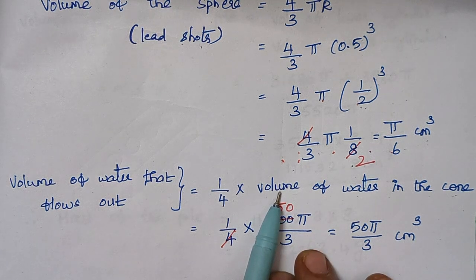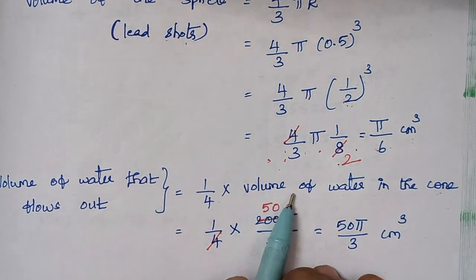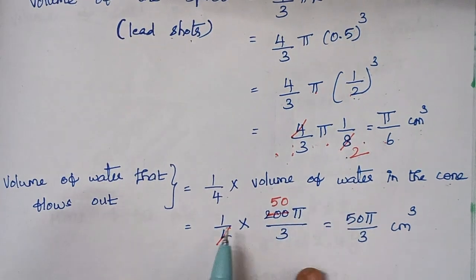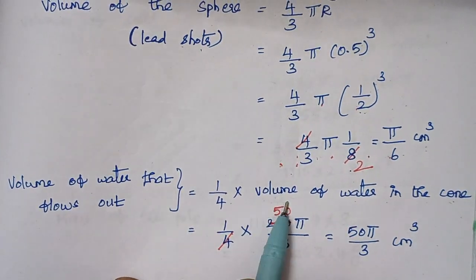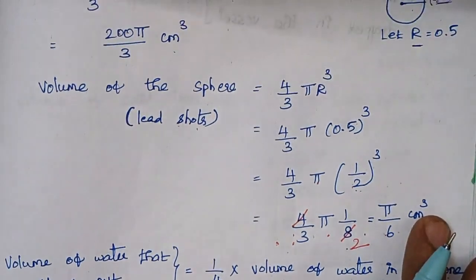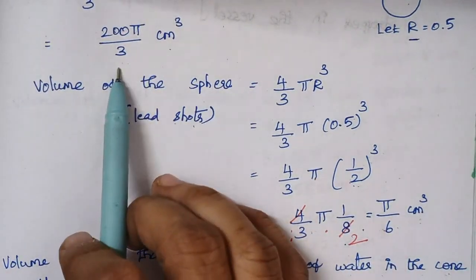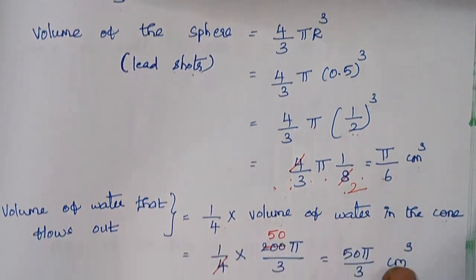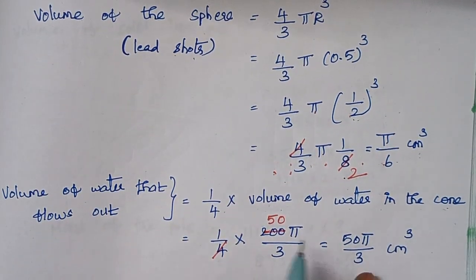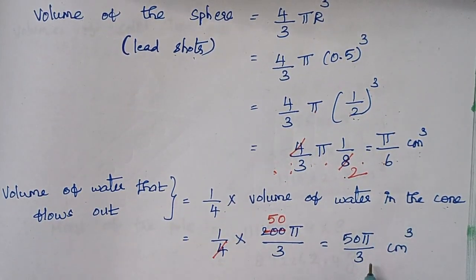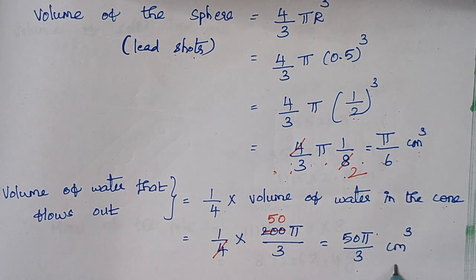So, what is the water that flows out? 1/4 of its volume. So, 1/4 into, what is the volume here? We have calculated the volume of cone as 200 pi by 3. So, just substitute it over here. So, what is the amount of water that flows out? It is 50 pi by 3 centimeter cube, right.